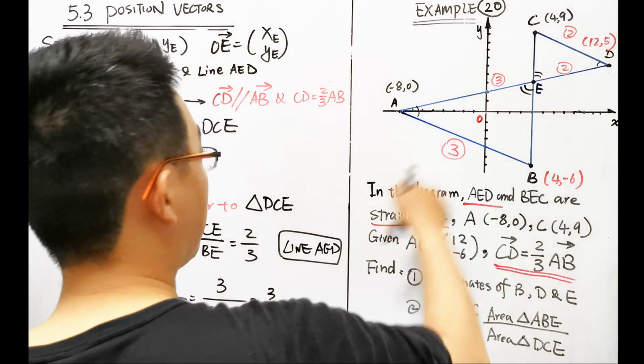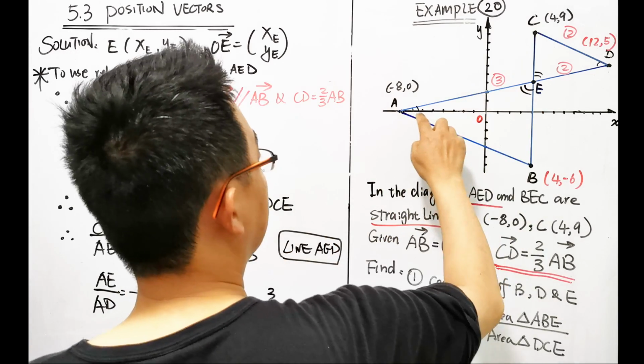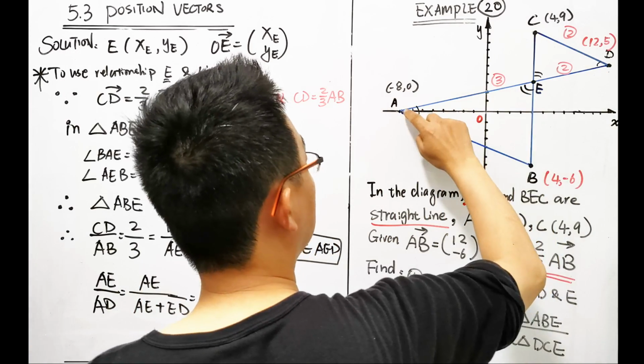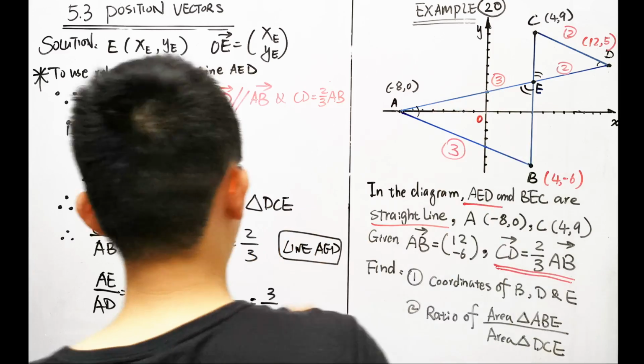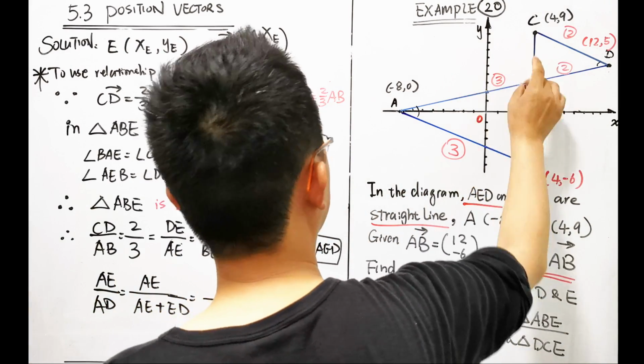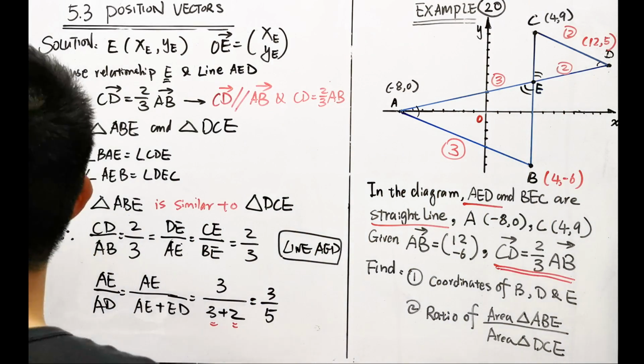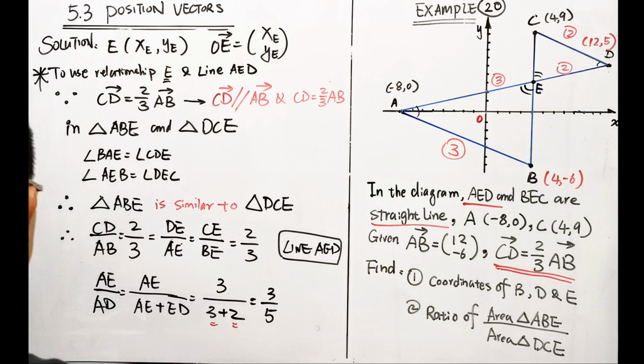Which means AE compared to AD is 3/5, because there's 2 here. So we get a ratio here, right? So now we get a ratio. This is very important.